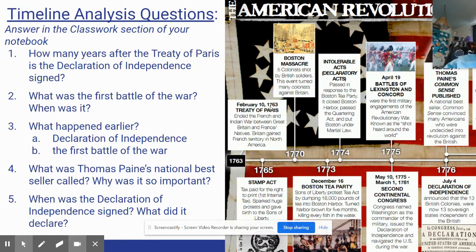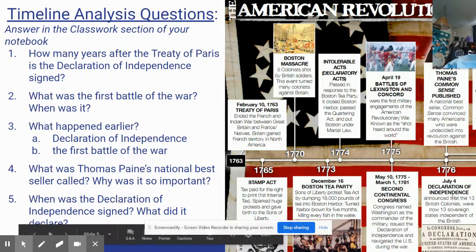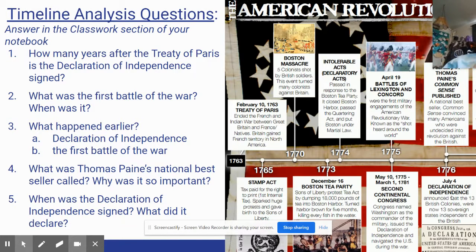Okay, so you'll look on this timeline, you'll find, oh, there's Treaty of Paris. Okay, that was in 1763. Then you're going to have to read through these and find Declaration of Independence. Oh, look, here it is, July 4th of 1776. So how many years from 1763 to 1776? That'll be your answer for number 1.